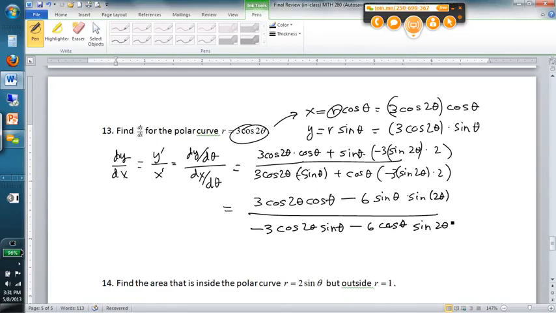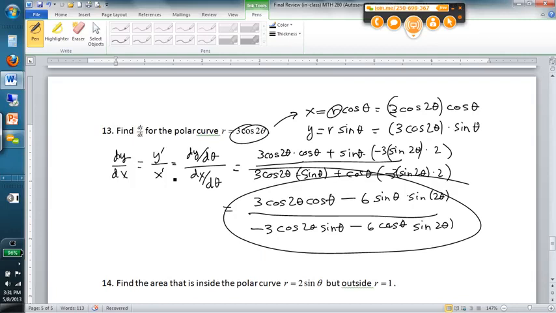Something like that. So yeah, it's a mess for dy/dx. It's not too bad, but it's a long thing. I want to remind you of that. All right, is that okay?